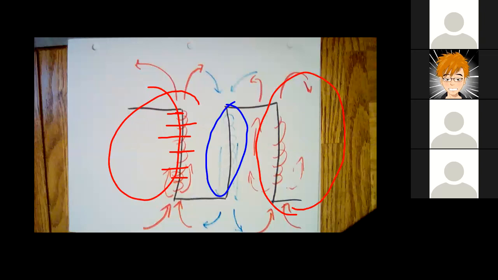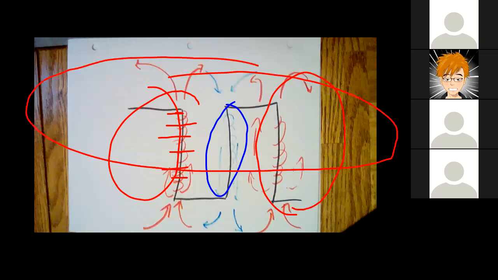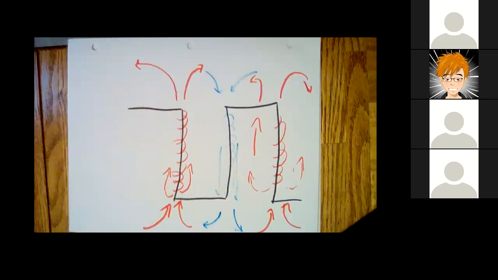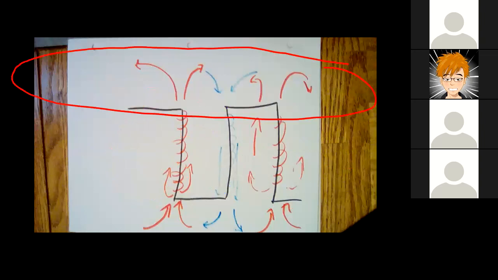So if each one of these had, let's say, 27 turns on it, it would be 27 times 27 times 27. So you've multiplied and made a much bigger, much larger toroid. Clear all. Meaning that you had this big donut that had a hole in the middle.